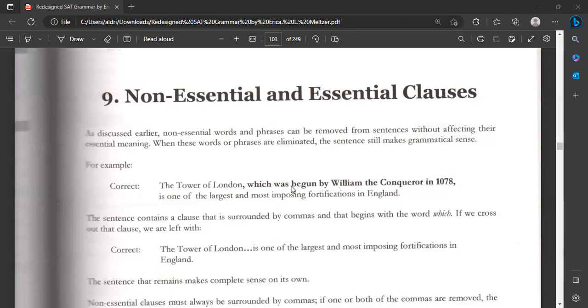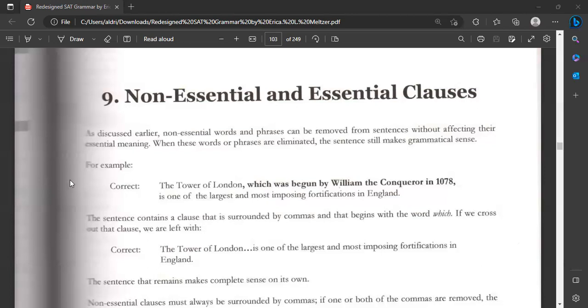So if we're looking at a sentence, a non-essential clause can be removed from that particular sentence without affecting the essential meaning of the sentence. Usually a non-essential clause is that part of the sentence that, one, if you take it away, the sentence will still make grammatical sense. And two, usually that part just modifies the sentence, so it just gives additional information to the sentence, right?